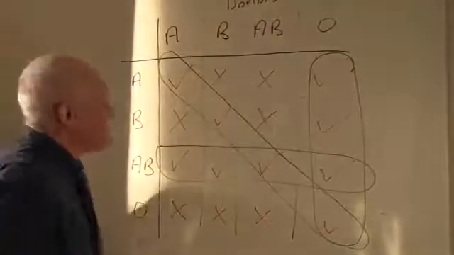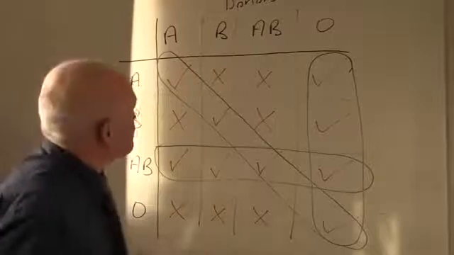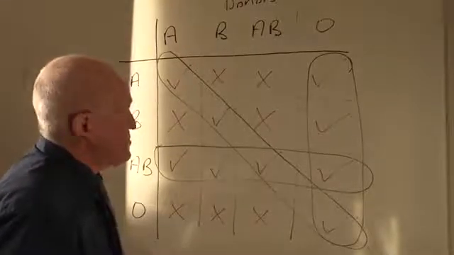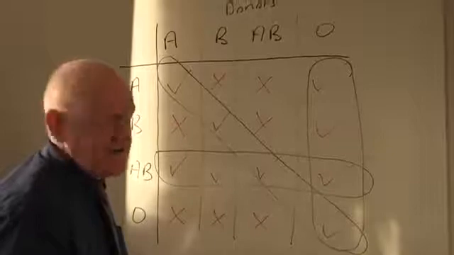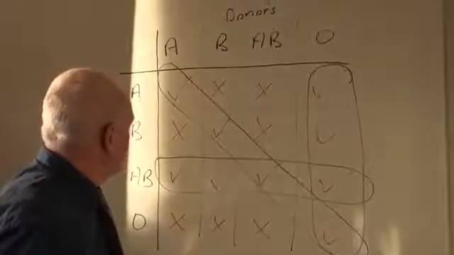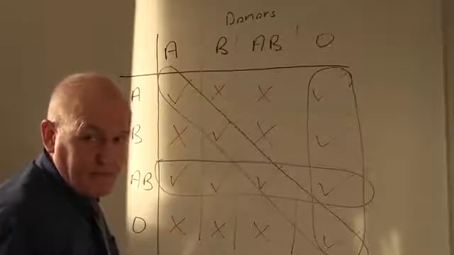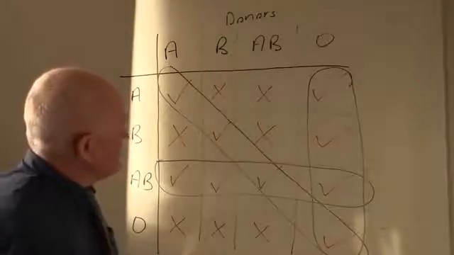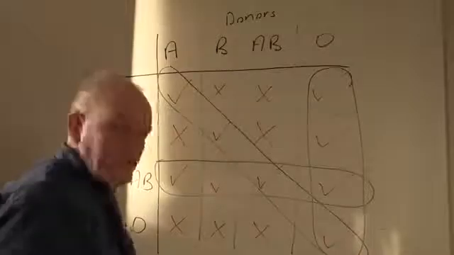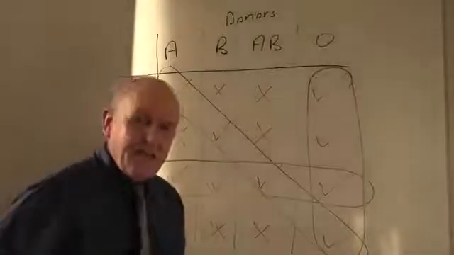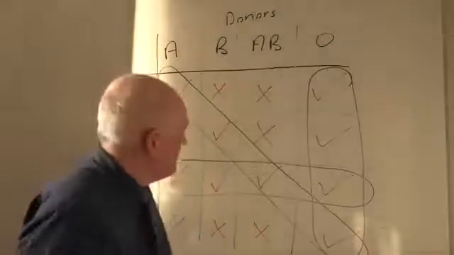But of course, when we take the rhesus factor into consideration, the true universal donor will be O negative, and the true universal recipient will be AB positive. But we would only use this type of thinking clinically in an absolute emergency.